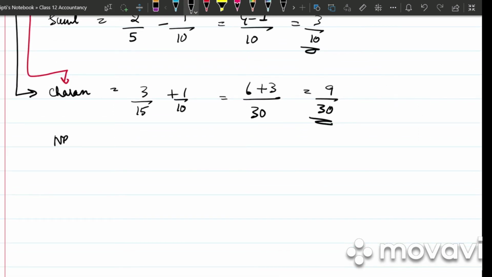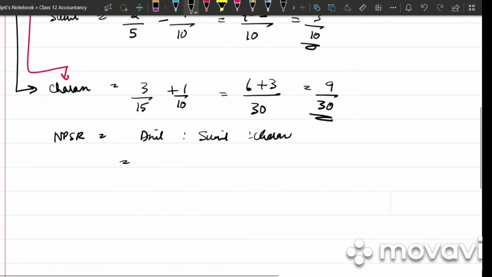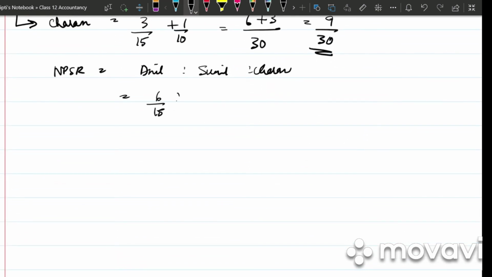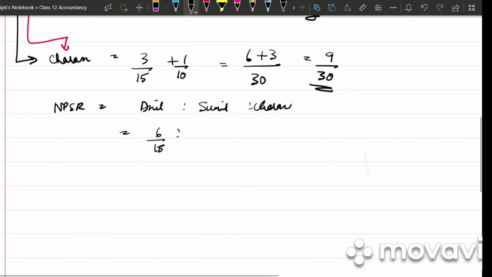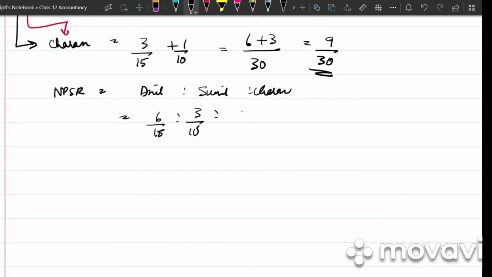So what is the new profit sharing ratio? It is Anil is to Sunil is to Charan. That is 6/15 is to 3/10 is to 9/30. So we need to take the LCM, that will be 30. So 12 is to 9 is to 9.